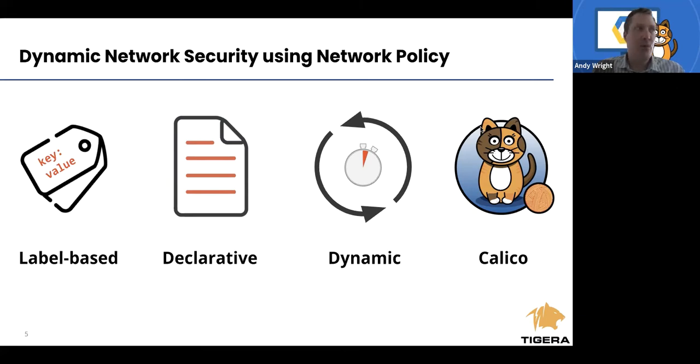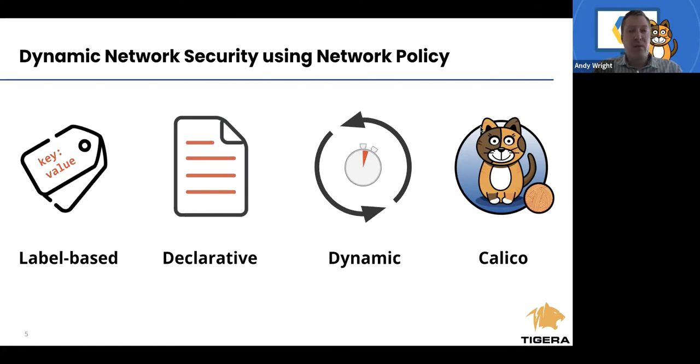Now that is a problem for Kubernetes because the IP addresses do churn quite frequently within a Kubernetes cluster. And so if you're going to have an unpredictable or ephemeral, as we call it, IP address, it's really hard to use those existing firewall tools to secure that traffic.